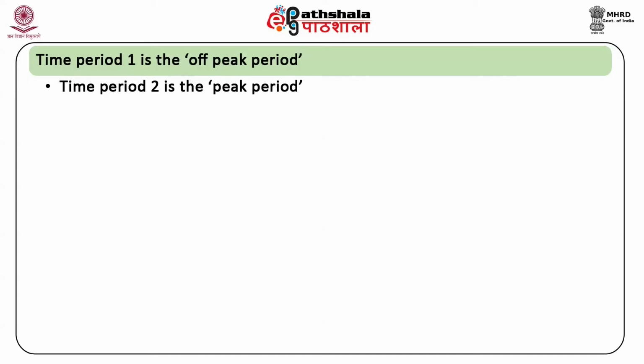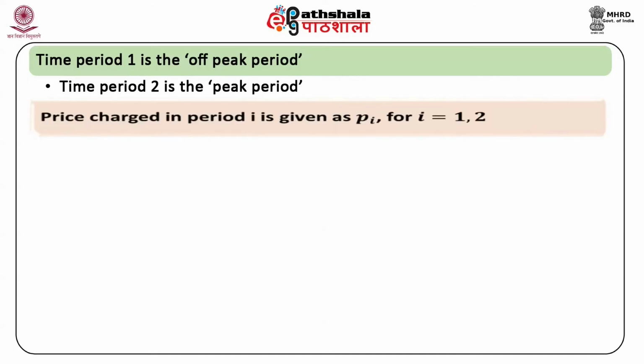It is assumed that the price charged in period i is given as Pi for i equal to 1 and 2, and that P1 is less than P2.